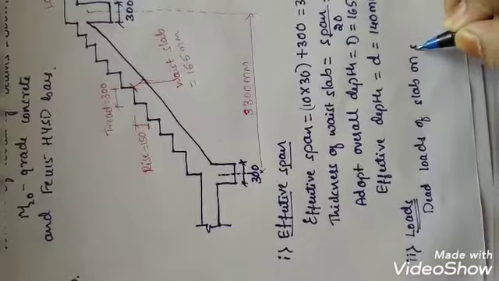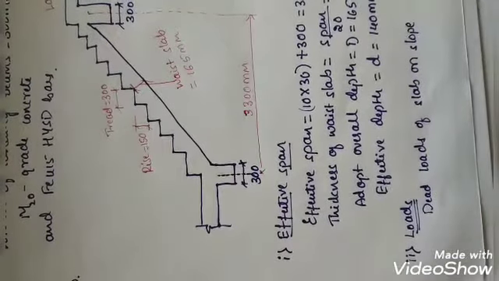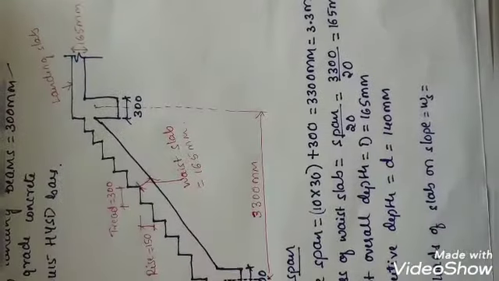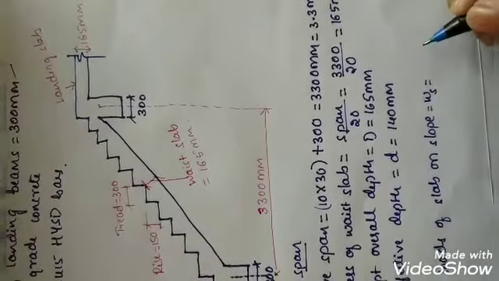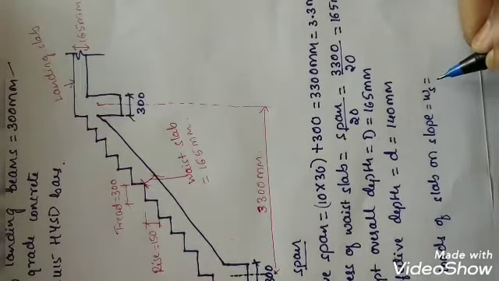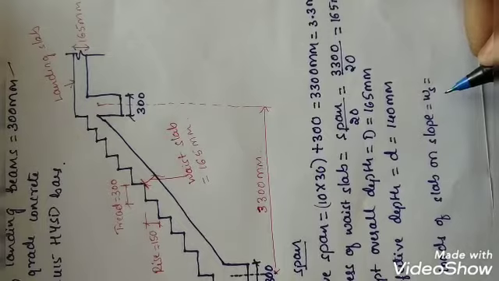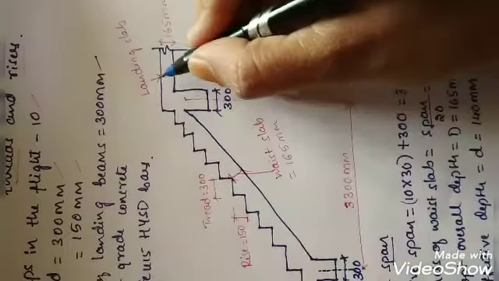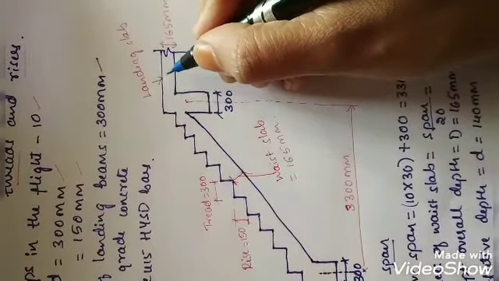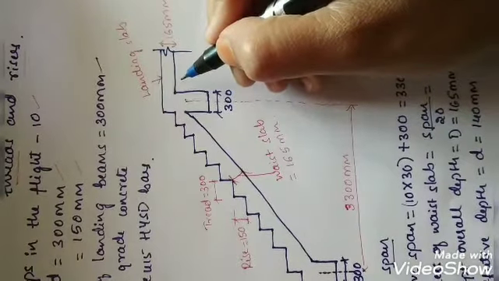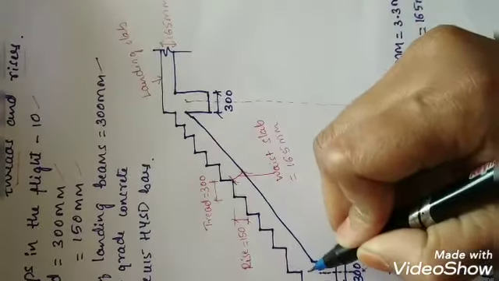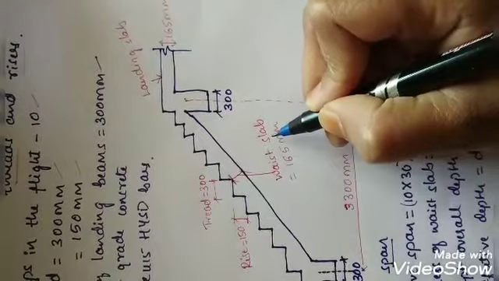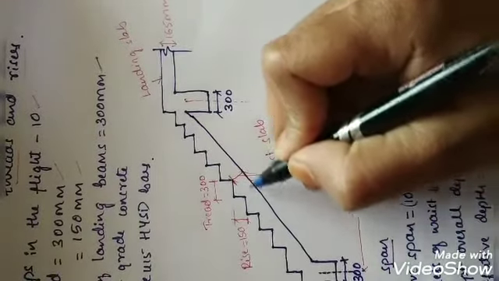on slope. So I have taken this one, it is WS, initially the dead load of the slab on the slope. So this slab has a dead load, that is nothing but the self weight on this slope. And also we have a waist slab here, which also has some self weight.